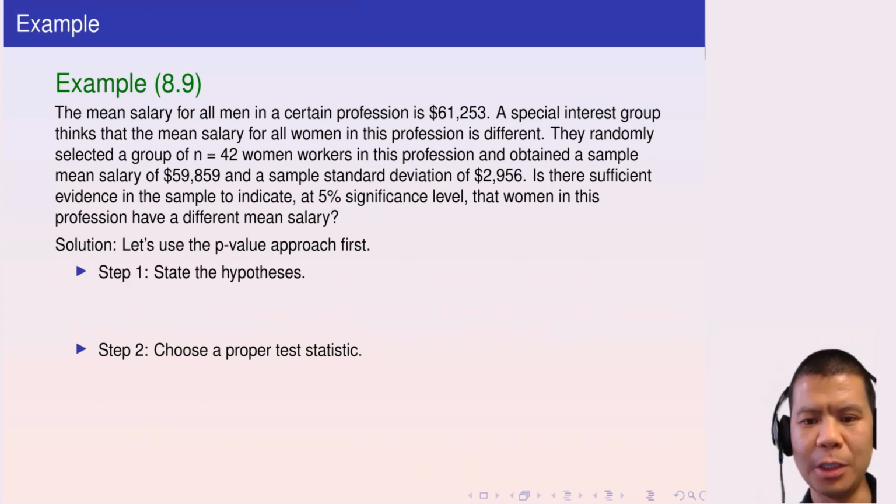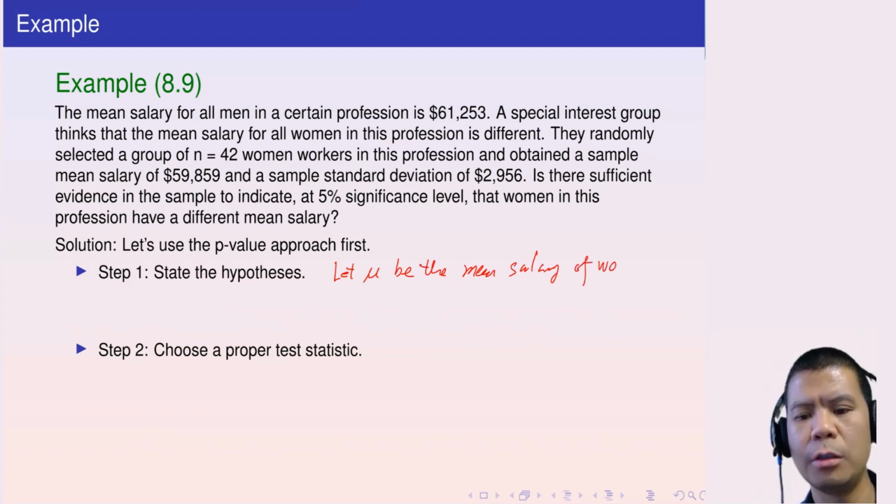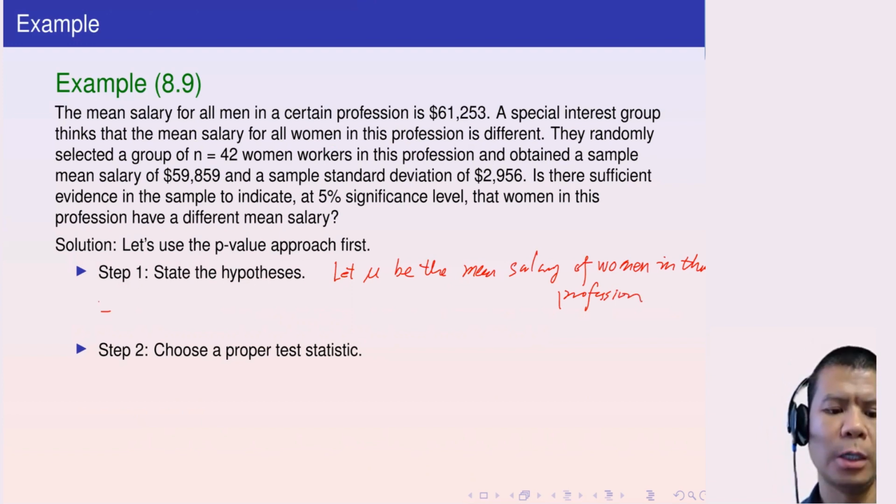So let's do this one here. Firstly, let mu be the mean salary of women in this profession. So the null hypothesis is going to be what?